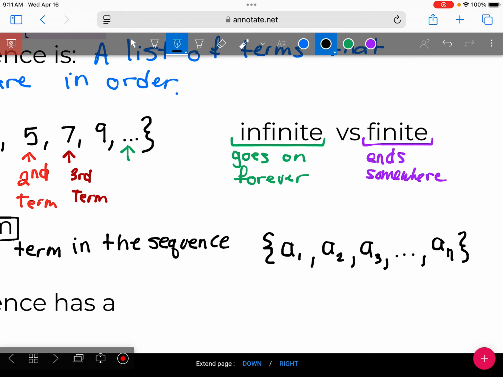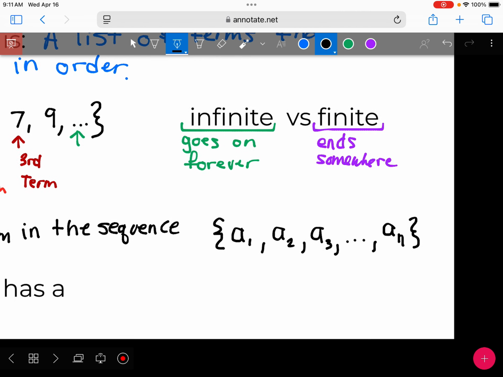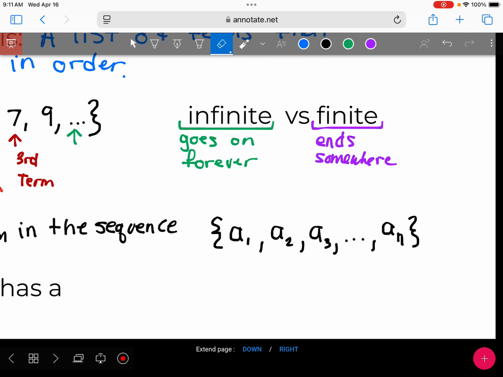So we'll usually put the first 2 or 3, and then the last one if we have a finite sequence. If it is infinite, we might put our a sub n and then do another dot, dot, dot. So that would be for infinite. Finite is ending there.